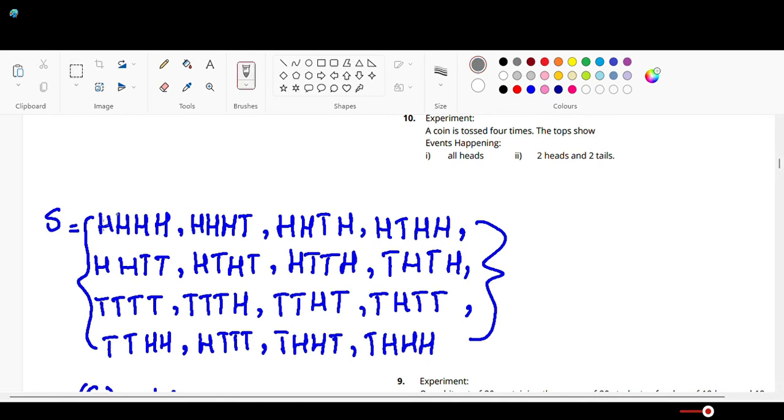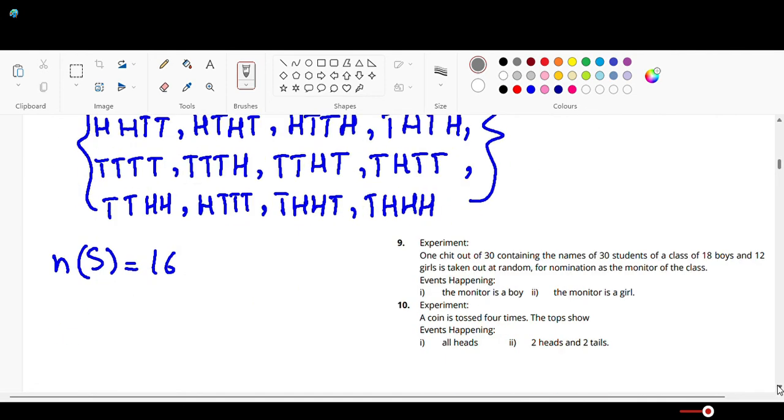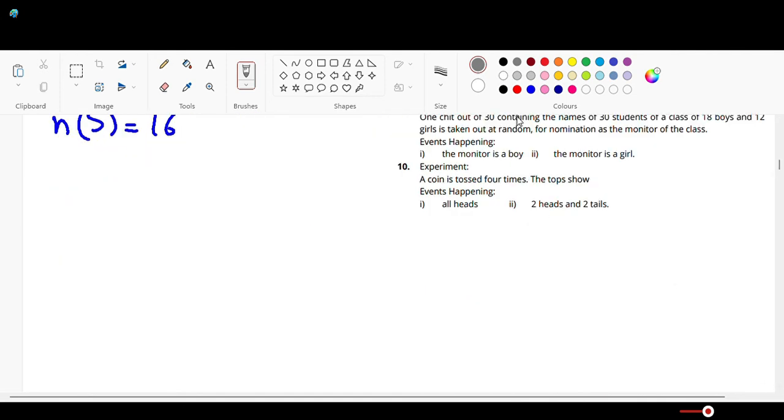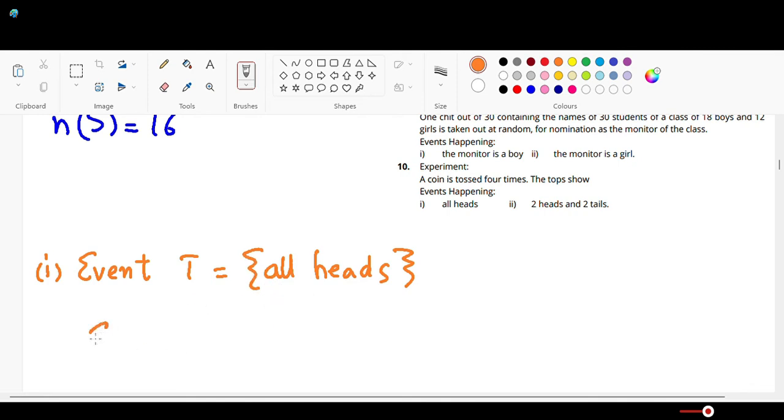So that's this quadruple H. So I'm gonna write event number 1, I'm gonna name it event T, which is all heads. Okay, so event T, all heads means H, H, H, and H, or quadruple H in other words.